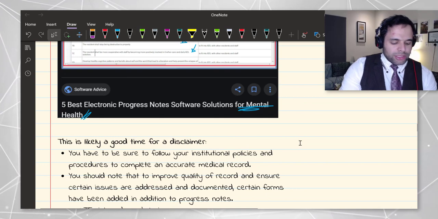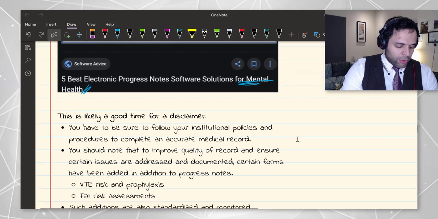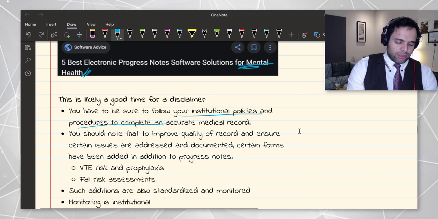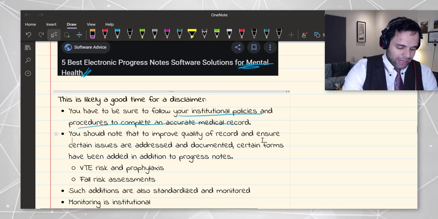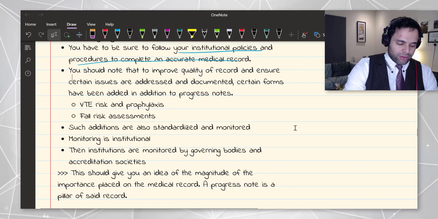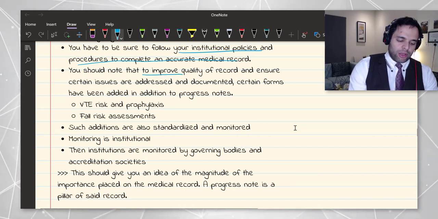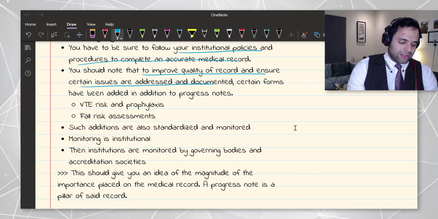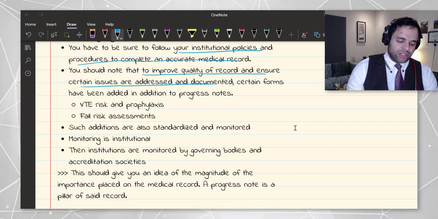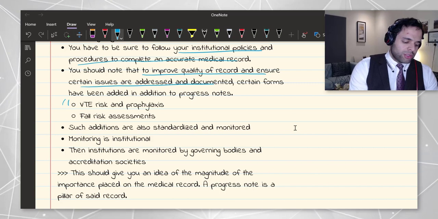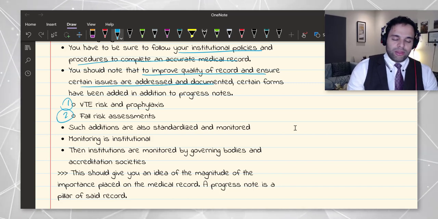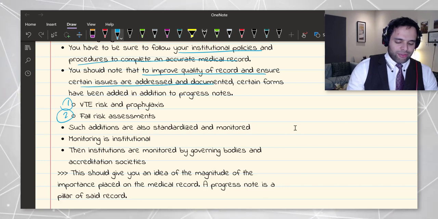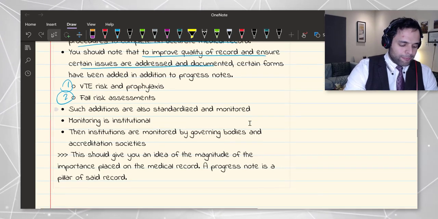This is likely a good time for a disclaimer. You have to be sure to follow your institutional policies and procedures to complete an accurate medical record, because they might need you to fill out certain things. You should note that improving quality of record and ensuring certain issues are addressed and documented in certain formats have been added in addition to progress notes. The most striking ones would be the venous thromboembolic risk and prophylaxis, and fall risk stratification assessments, and then plan.